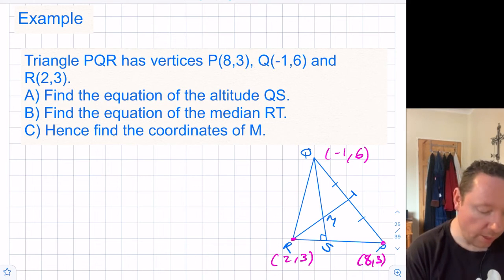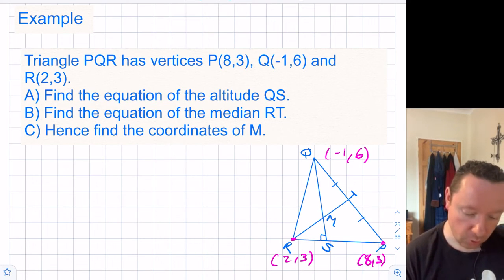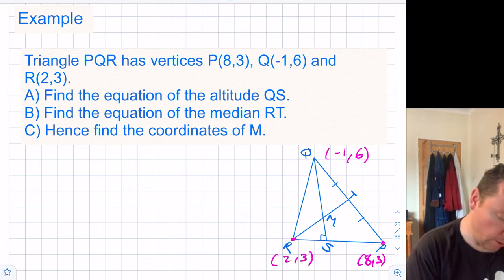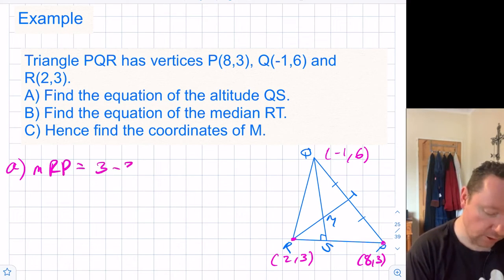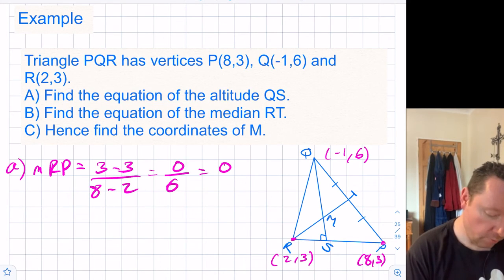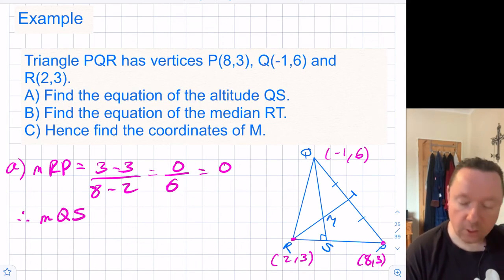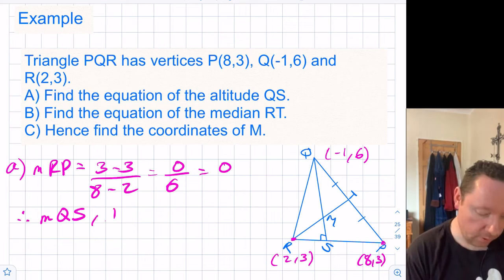So let's start off with part A, find the equation of the altitude QS. So we need the gradient between R and P. We'll just use the gradient formula anyway. 3 minus 3, which you can see is 0 straight away, over 8 minus 2, so 0 over 6, which is 0. Therefore, the gradient of QS, which is at right angles, perpendicular, is undefined in this case.